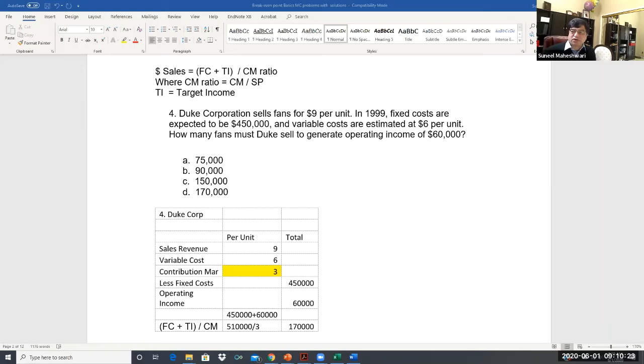I will try to figure that out for the next time. Okay, number 4, is everyone good?